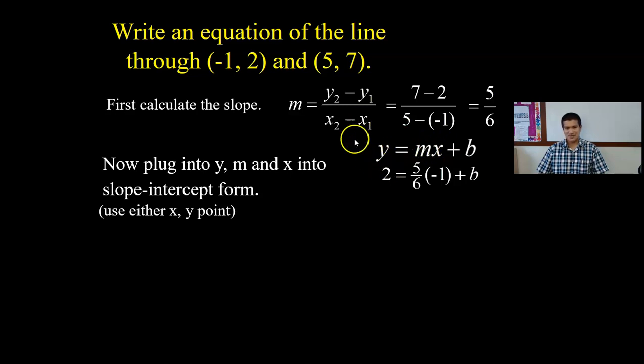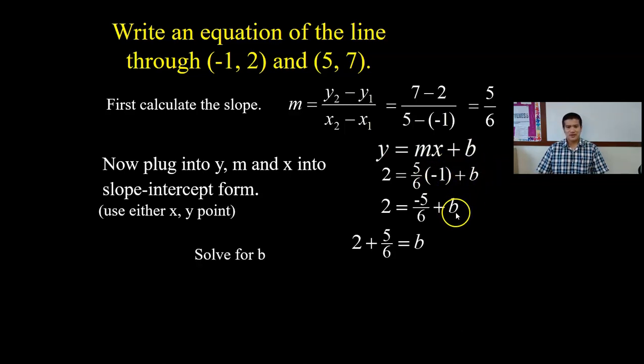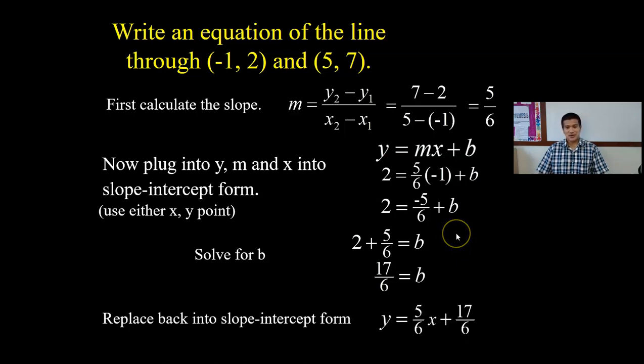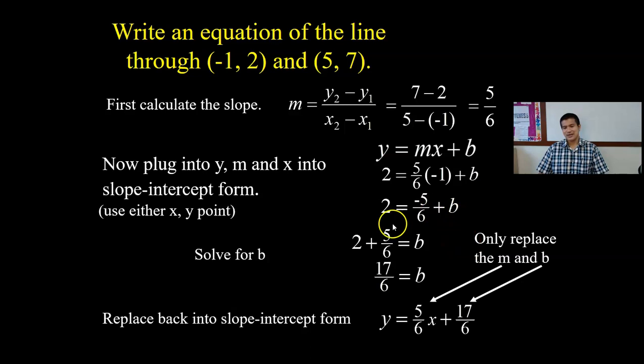Okay, so we have 2 for y, -1 for x, so that we can find the value of b. Therefore, we will have 17 over 6 for b. And then we can write the equation y equals mx plus b. So we have 5 over 6x plus 17 over 6. So therefore, we can have this equation right now.